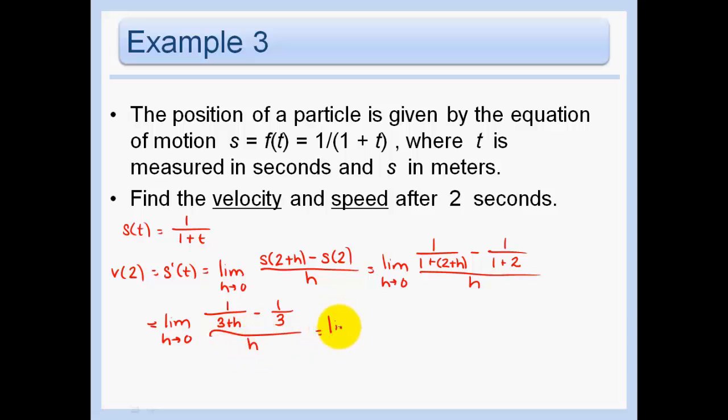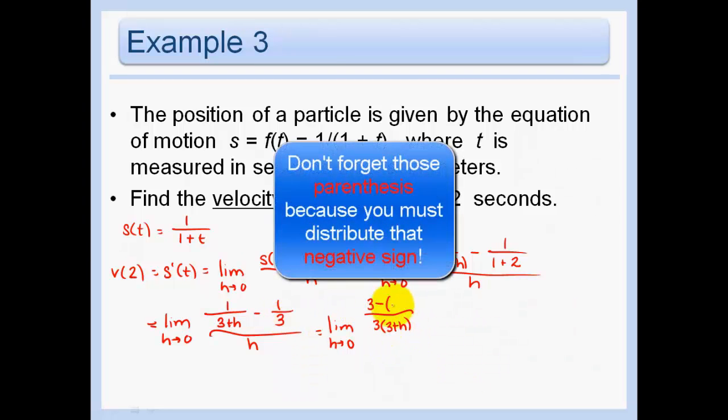So I'm going to get a common denominator. And so that's going to just be 3 times 3 plus h. To get from this denominator to this one, I need to multiply by 3. To get from this denominator to this one, I need to multiply by 3 plus h.